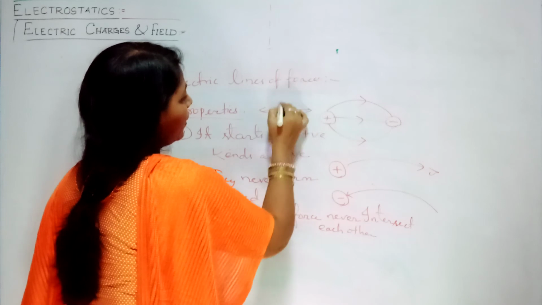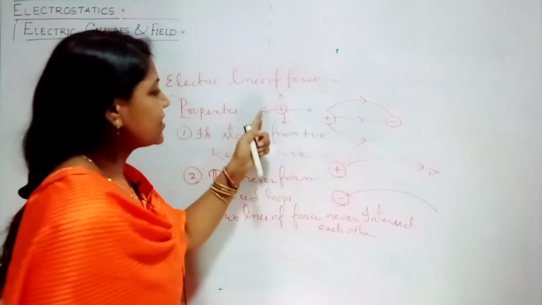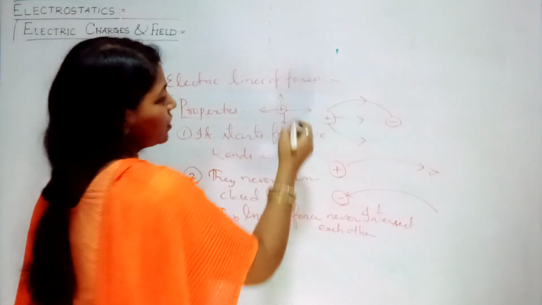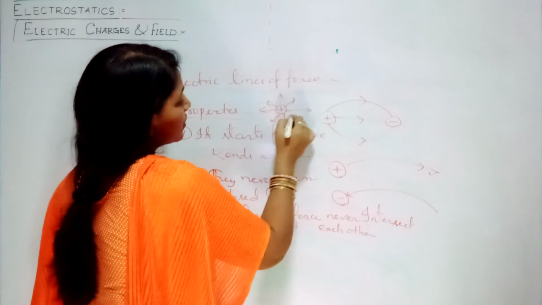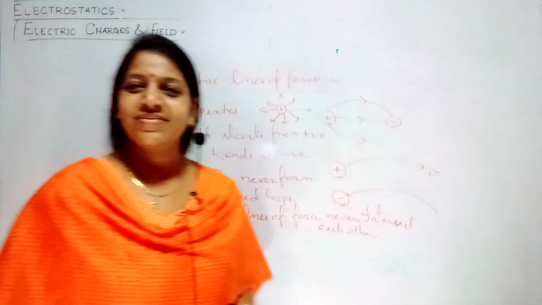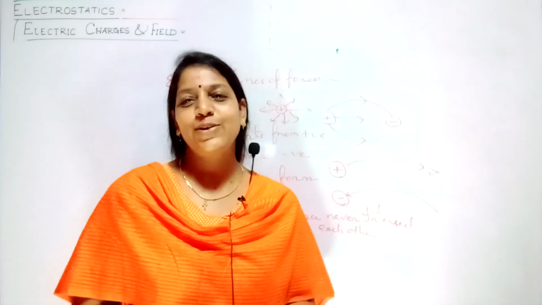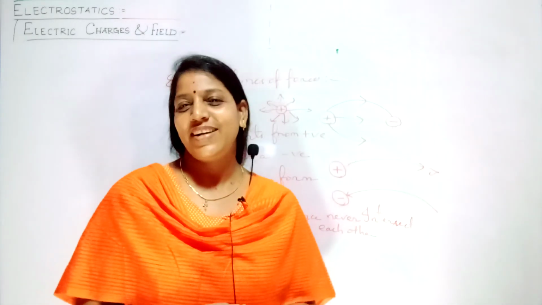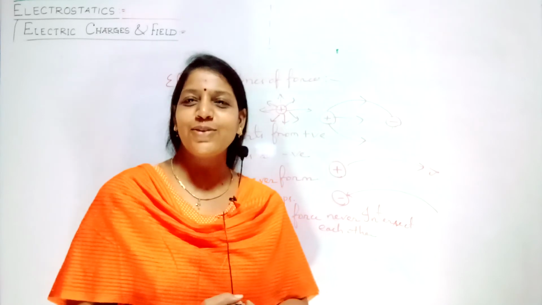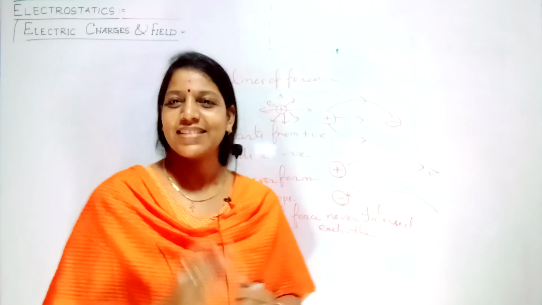Now, for example, there is a charge here. In some cases, you can find 4 lines, in some cases 8 lines. What does it indicate? The higher the number of lines of force, the stronger the electric field. Or the lesser the number of lines of force, the weaker the electric field. Simple.